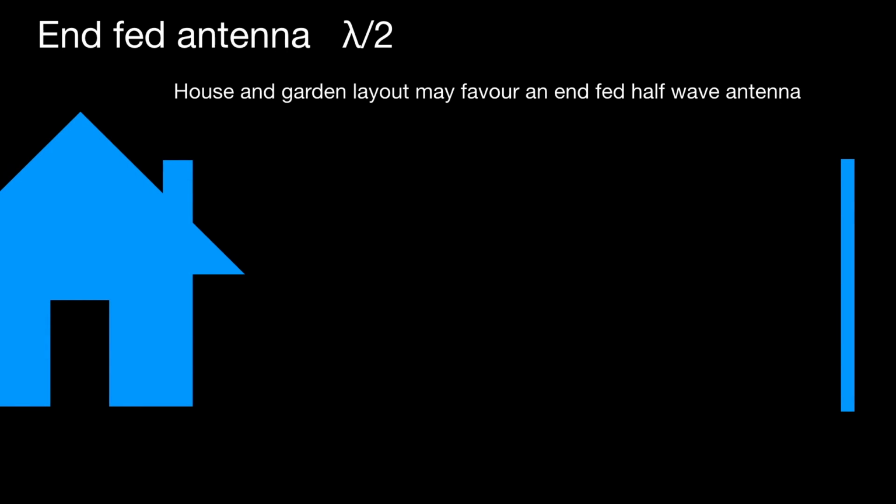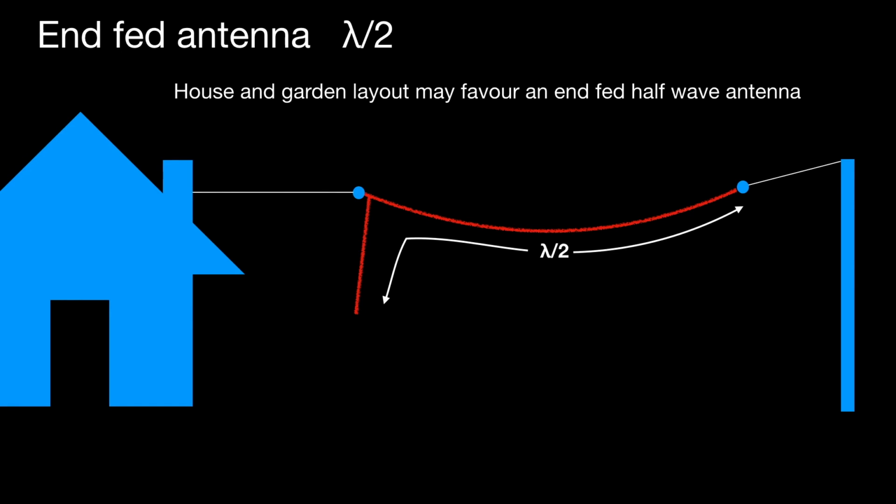And if you can imagine, then you've got a house and a convenient pole or tree, then it is quite convenient sometimes to hang a lambda by 2 antenna from the tree, obviously using insulated end insulators and insulated rope, not connecting directly to the house or the tree, and the insulators are shown there as blue circles. But it's useful to hang a lambda by 2 between the tree and the house.